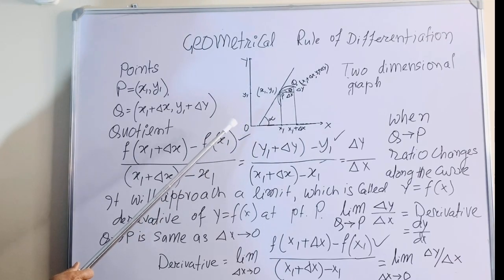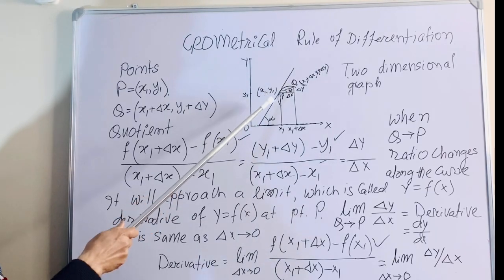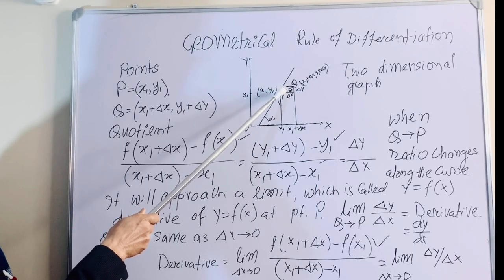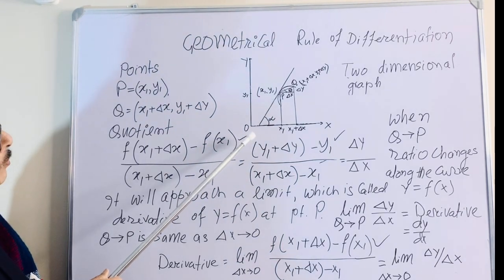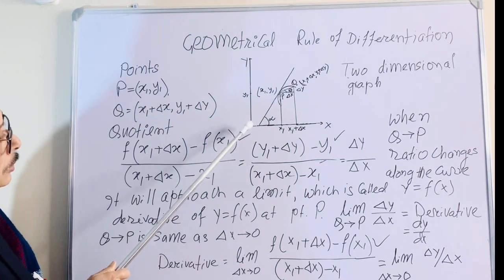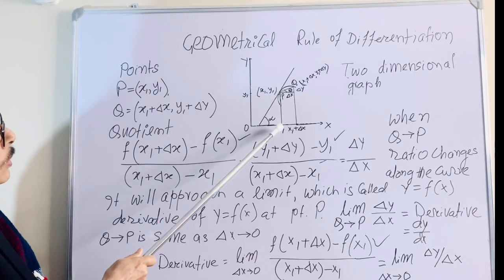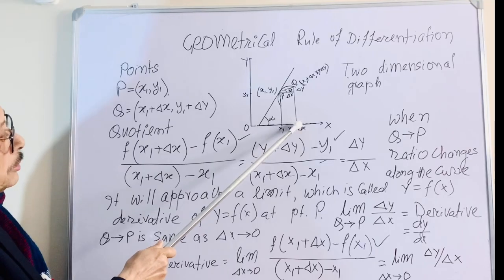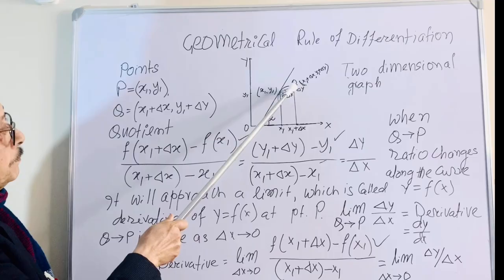So it is a line which is tangent at point P. So the coordinate is OX1, and when x1 changes by delta x, this is the point where the coordinates are x1 plus delta x.